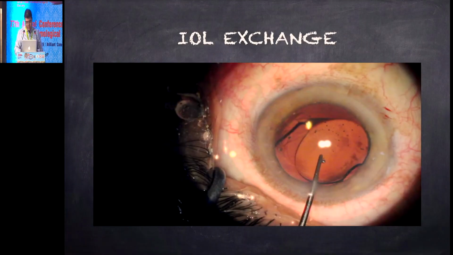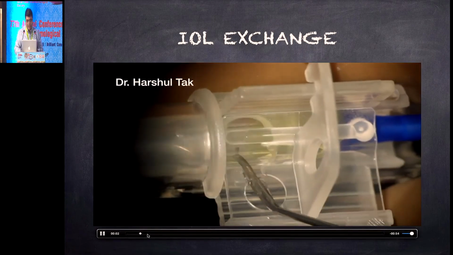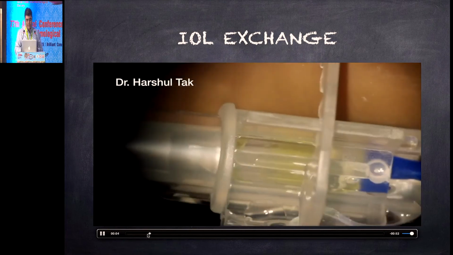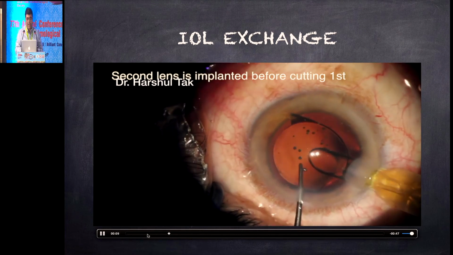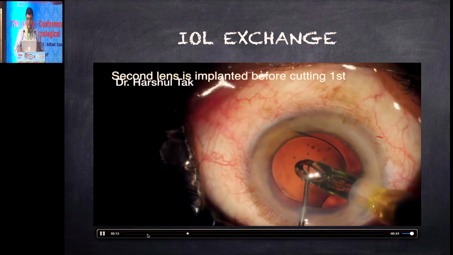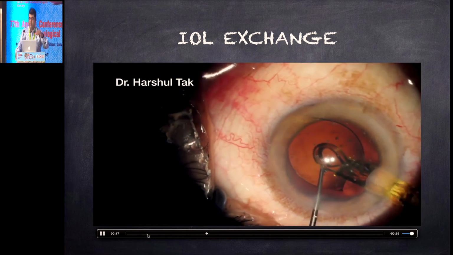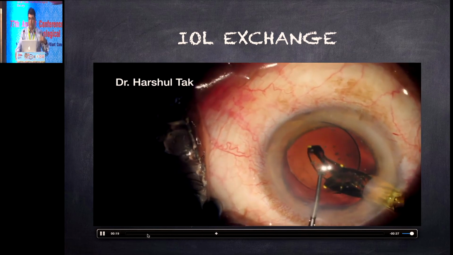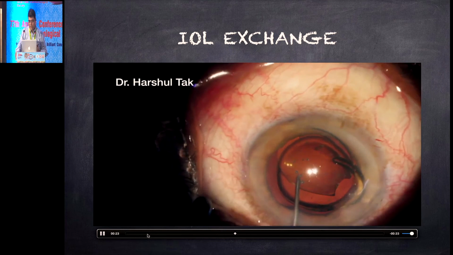One quick trick for doing IOL exchange I would like to share here: whenever you are exchanging the IOL, first you take the IOL out of the capsular bag into the anterior chamber. Then you go and implant the new IOL in the capsular bag. Now you have an IOL scaffold so that you don't rupture the posterior capsule while cutting the IOL which you are going to exchange.